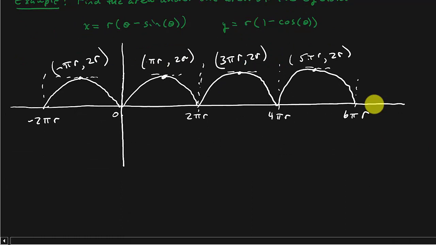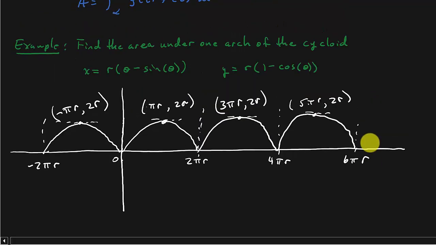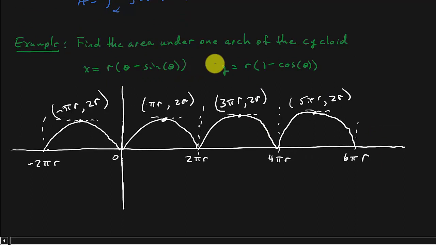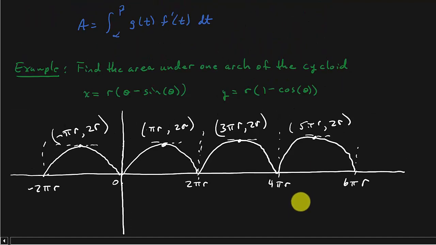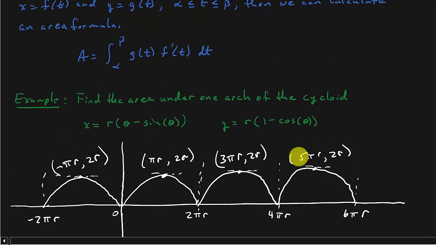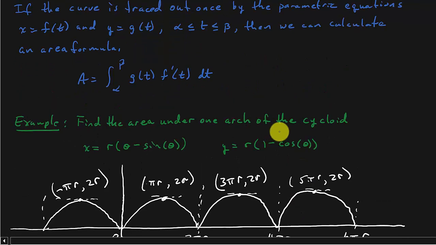All right, so I want the area under one arch of the cycloid. Understand, it's the same equations as in the earlier functions. So what do I need? I've got x equals r times (theta minus sine theta), y equals r times (1 minus cosine theta). And remember, this is g of t, this is f of t.